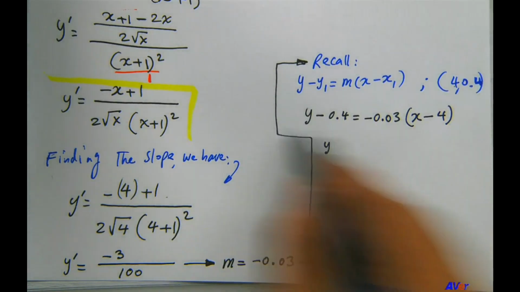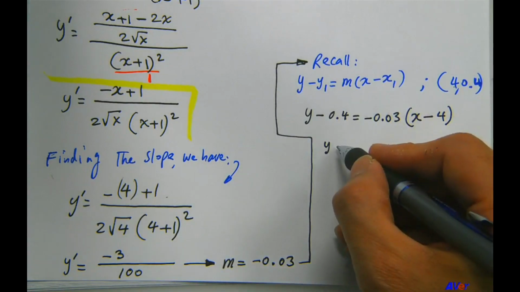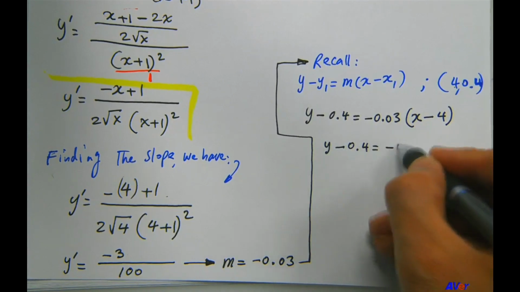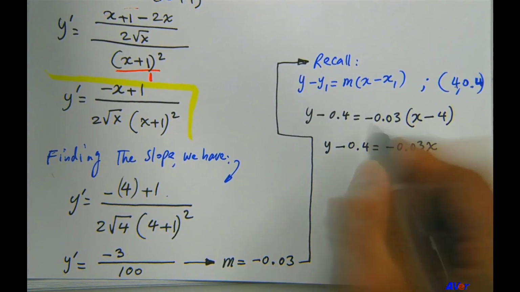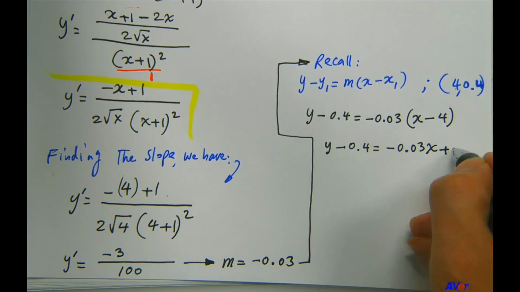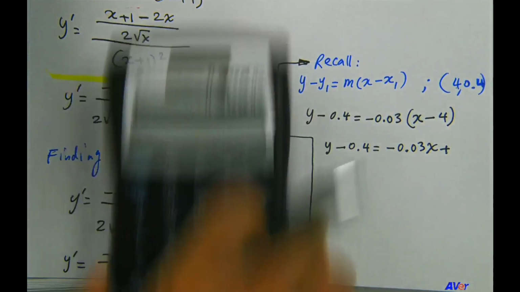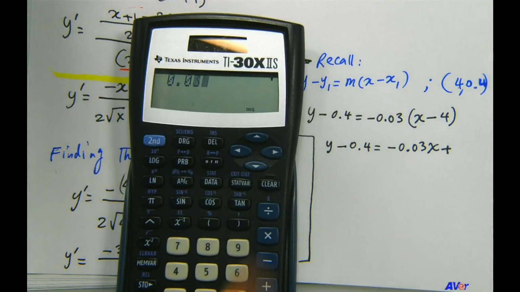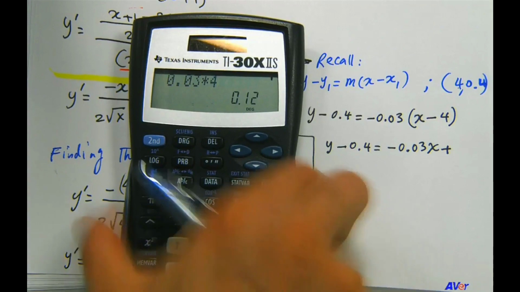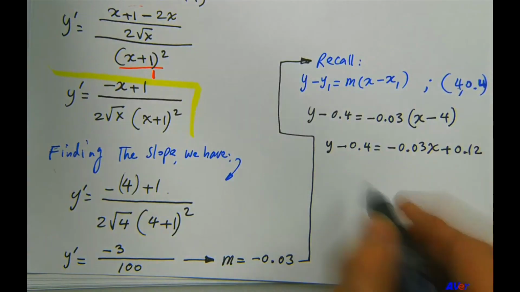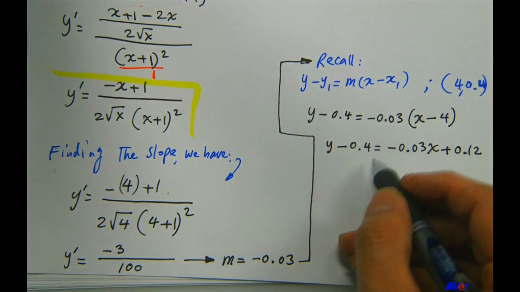So rearrange all of this, what do we get? We get y minus 0.4 equals minus 0.03x. Minus 0.03 times minus 4 would be plus 0.12, right? I'm not sure, so let me double check just to be sure. 0.03 times 4, 0.12, yeah. And of course, we want to move this to the other side.